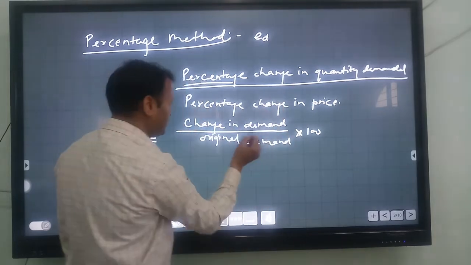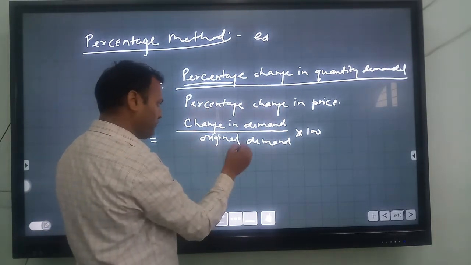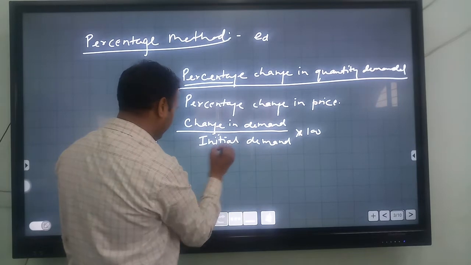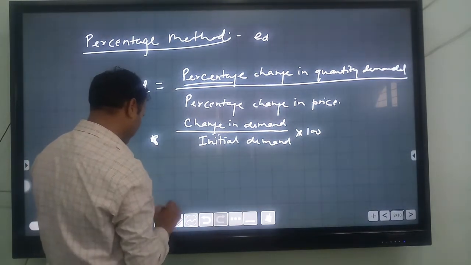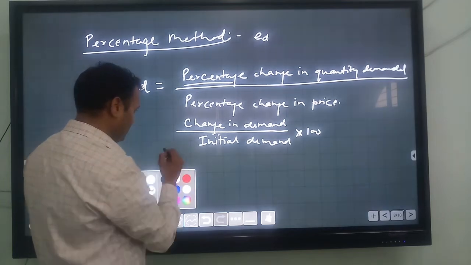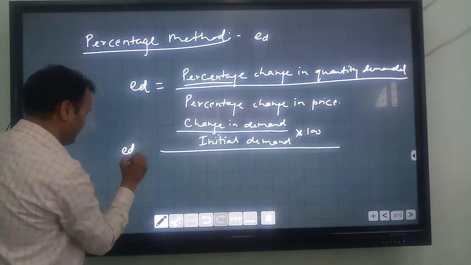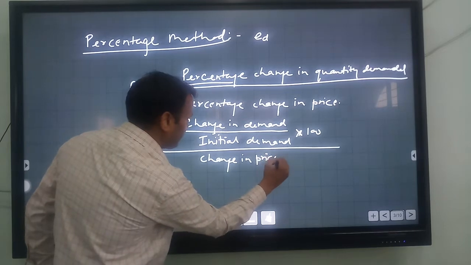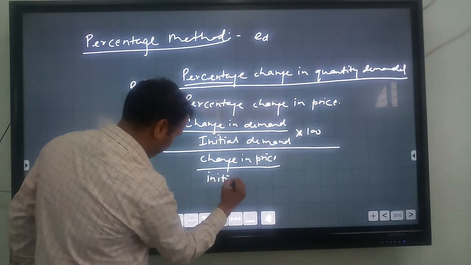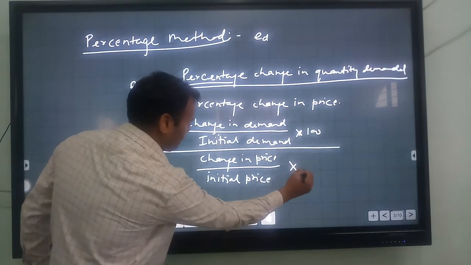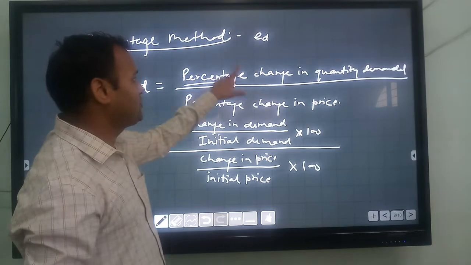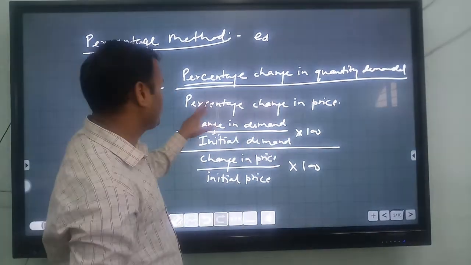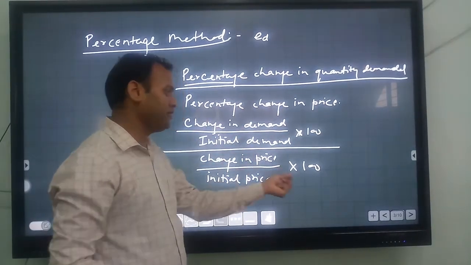Similarly, percentage change in price is change in price upon initial price into 100.